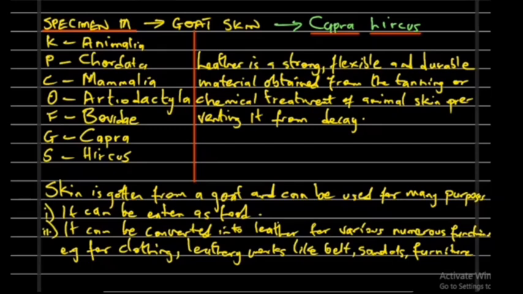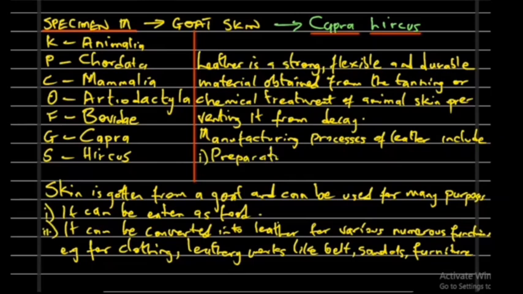The manufacturing processes of leather include: 1. the preparatory stage, 2. tanning, 3. crusting, and in some cases a 4th process, which is called finishing.